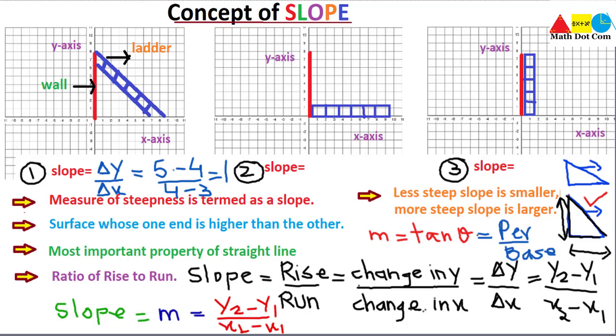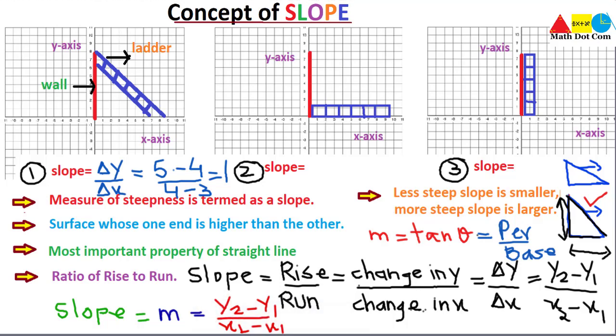Now if you are given the ladder in this direction, that is parallel to the x-axis, as it is parallel to the x-axis, it means that x is changing but y is not changing. Then what you will say is that x is changing but y is constant. So if y is constant, it means there is no change in y, so it will be 0.